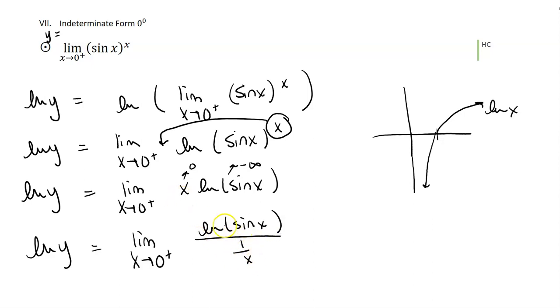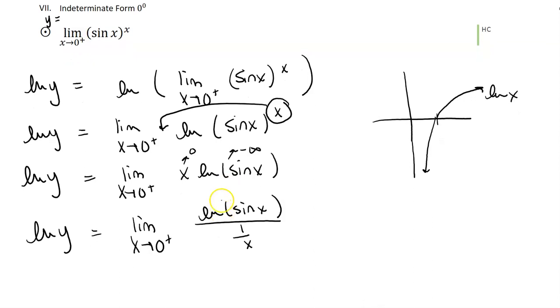Now you can see that if you did keep change flip, that would just bring the x right up front and you'd end up with what you had there. So the reason why this works is because we know that this one goes to negative infinity. We've established that with the graph. This one though, as x approaches 0, 1 over x is going to approach infinity.